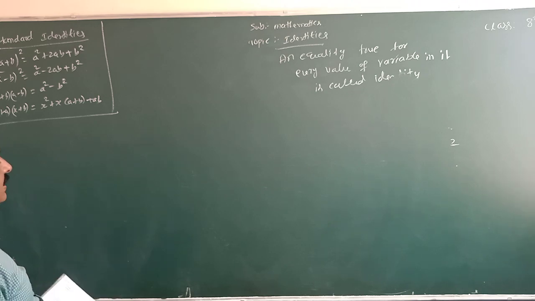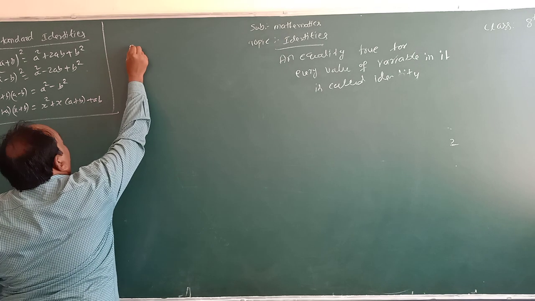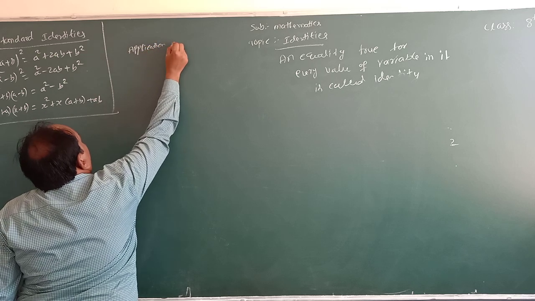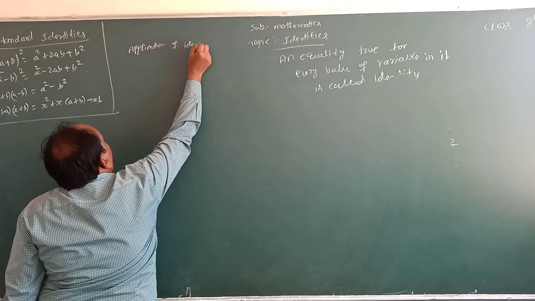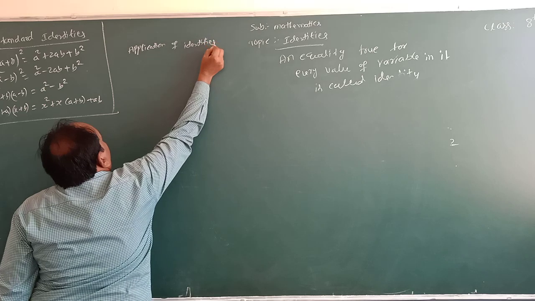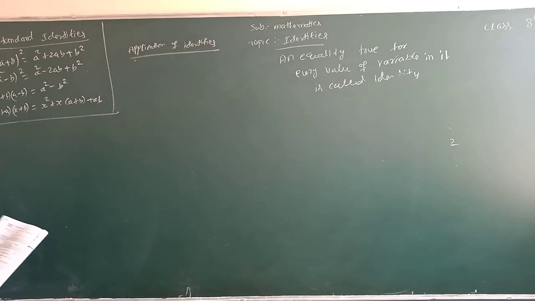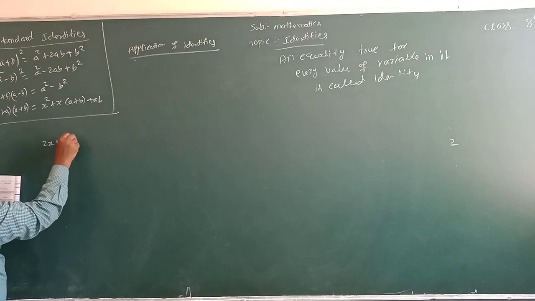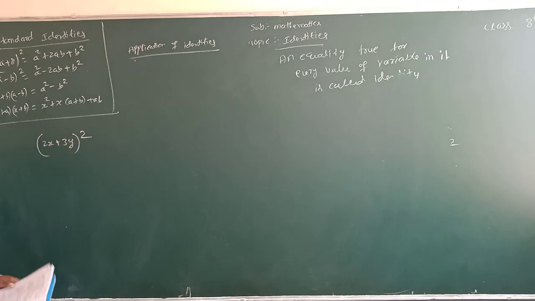Next one is application of identities. First problem, (2x + 3y) whole square.